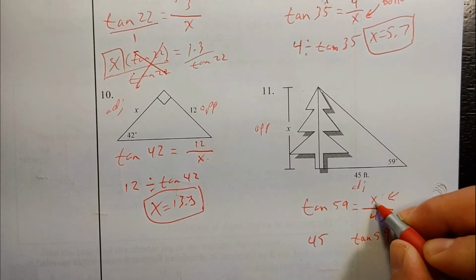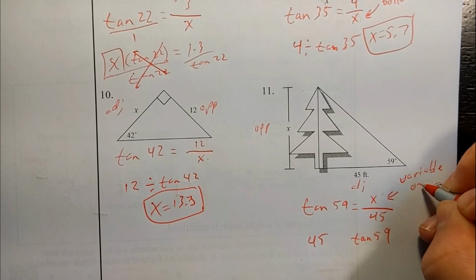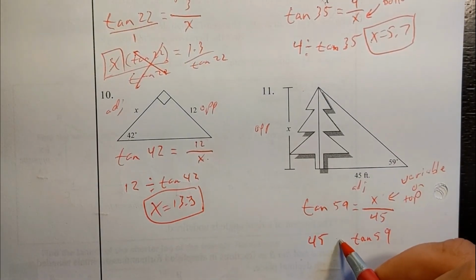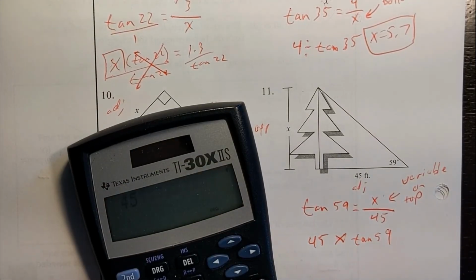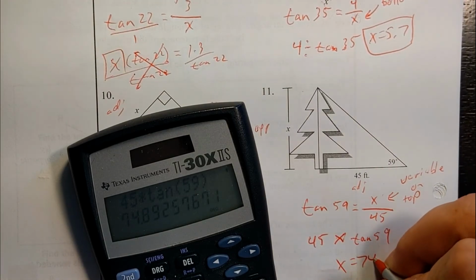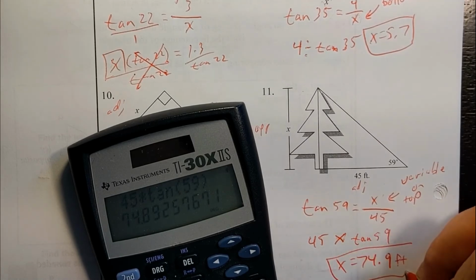But because this one had the variable on top, instead of dividing right here, I'm gonna multiply. So in my calculator, I'm gonna put 45 times the tangent of 59, and then press equals, and then I get my answer. So x is 74.9, and we're talking about feet here.